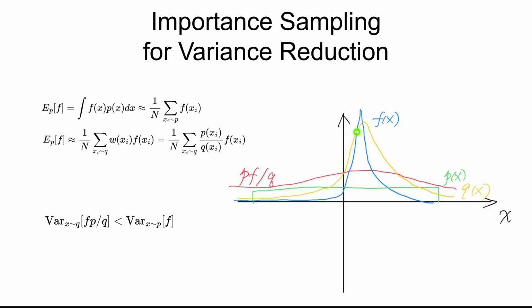If Q of x is properly chosen, then f P over Q is a much smoother function. Then if we have samples in different regions, we can expect that the variance of the expectation estimation will be much lower. So if we write it down, the variance of f p over q when x is sampled from q(x) is much lower than the variance of f when x follows the distribution of p.